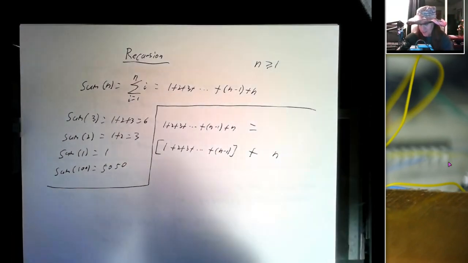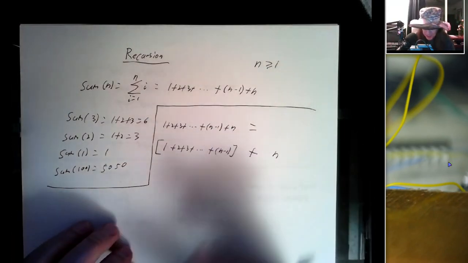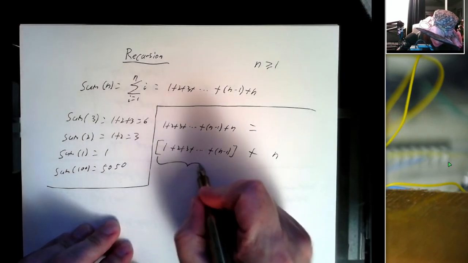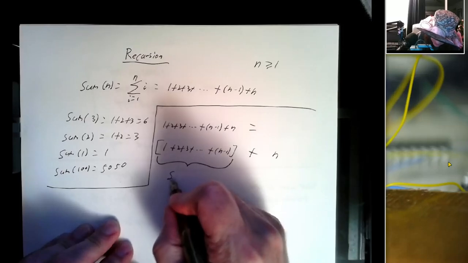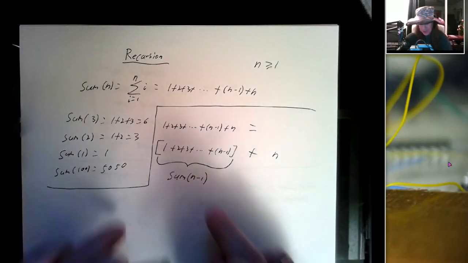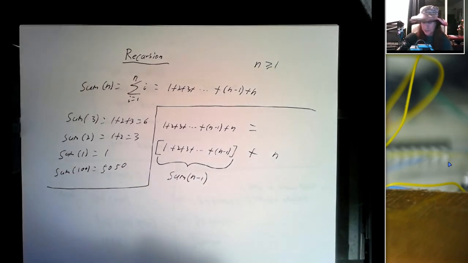I've just added some brackets and some space here, right? But this is clearly the same as this. But this thing in brackets, this is sum n minus 1. In other words, this is the sum of the first n minus 1 integers.